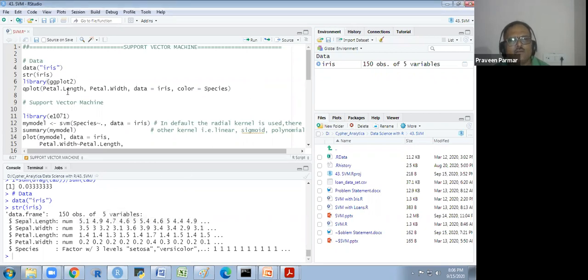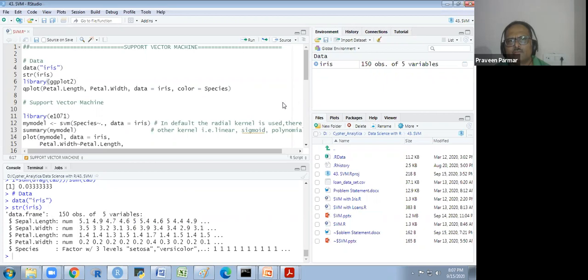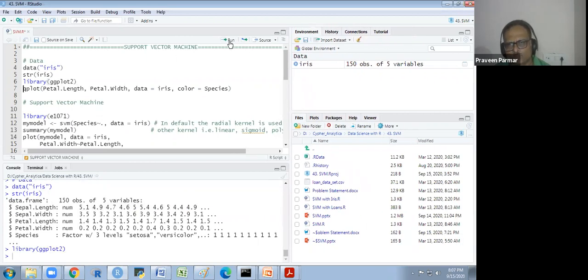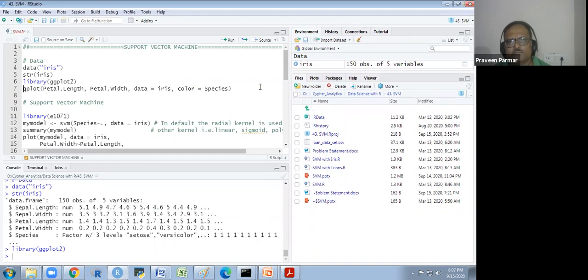And I just make a plot of this. So look at this plot: petal length on the x-axis, petal width on the y-axis, data is iris, and the color is according to species.